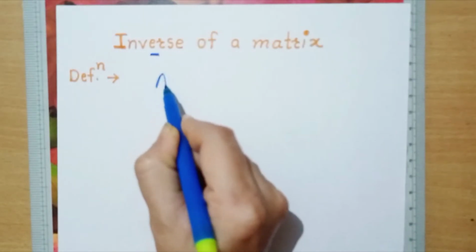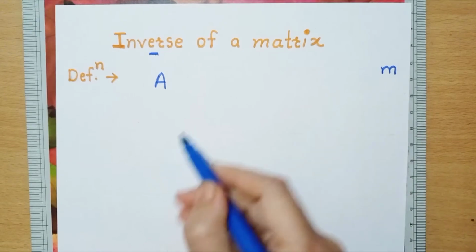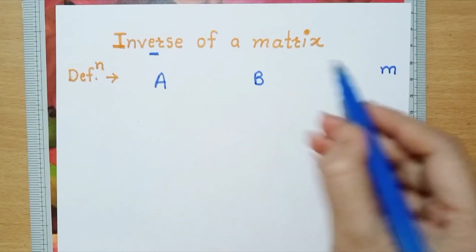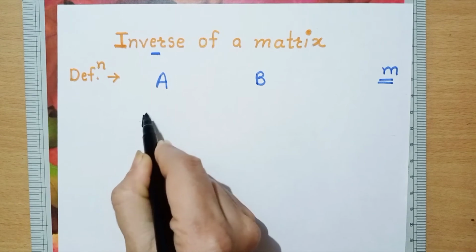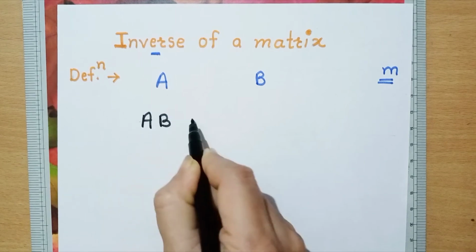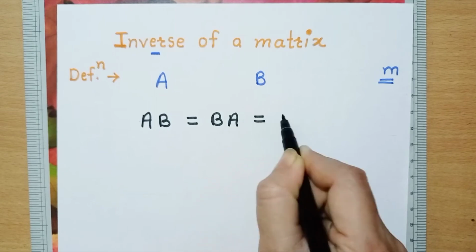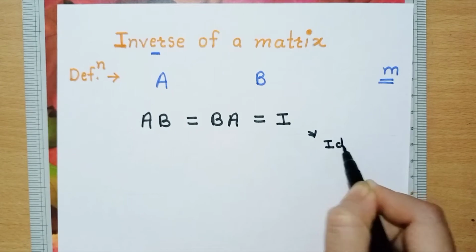Let A be a square matrix of order m and let B be another matrix of the same order. Then the product AB is equal to BA is equal to I. This I means identity matrix.